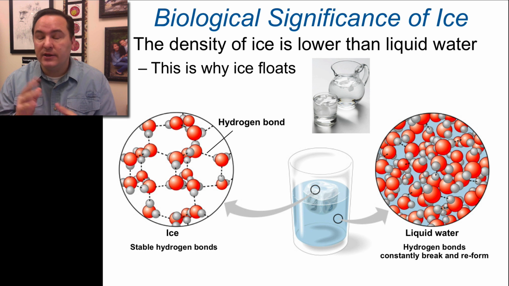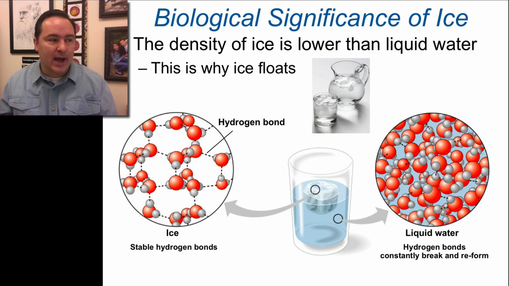Now, this is fairly unique because most materials are actually less dense as a liquid than they are as a solid. For example, metals are this way, right? But water is different. Water becomes less dense when it's frozen, when it becomes a solid, than when it is a liquid. And so therefore, this is why ice floats.